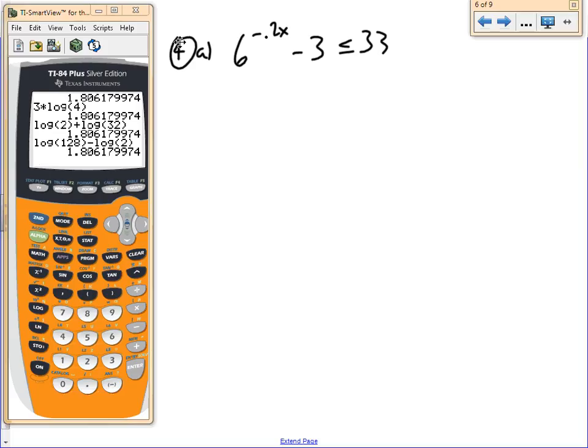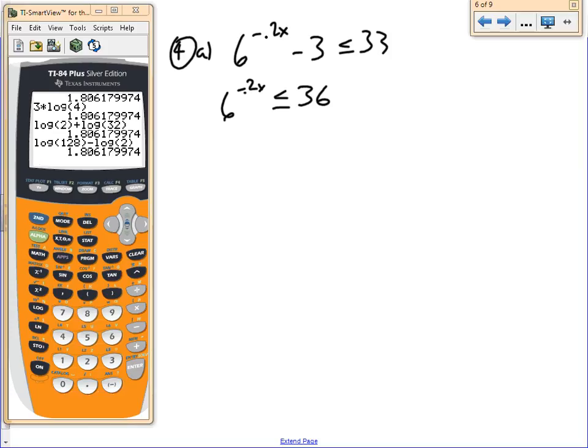We knew how to solve quadratic equations. We knew how to solve cubic equations. We know how to solve square root problems. We know how to do everything except for solve for exponents. So when we have to solve this for this exponent, I have to get all your exponents on one side, everything else on the other. And so then I have 6 to the negative 0.2x is less than or equal to 36.